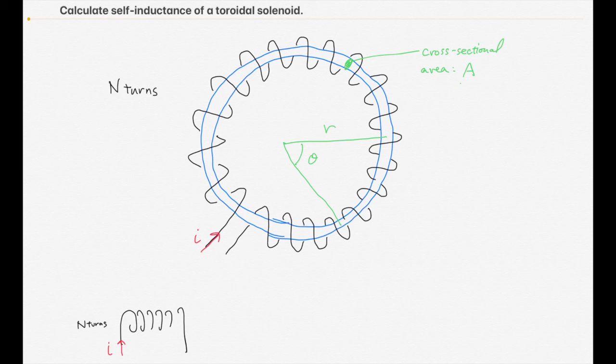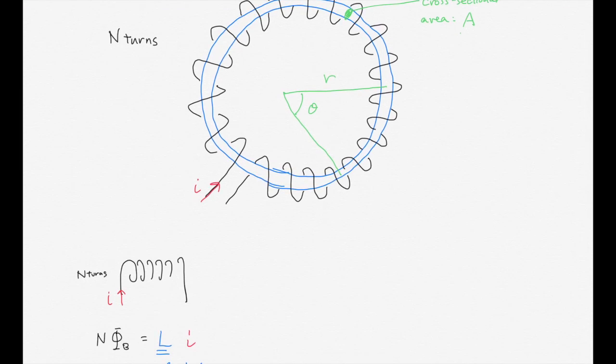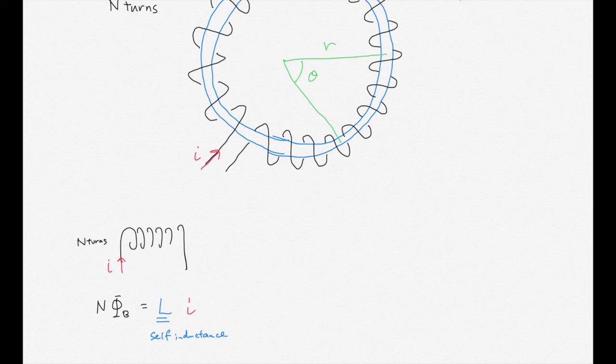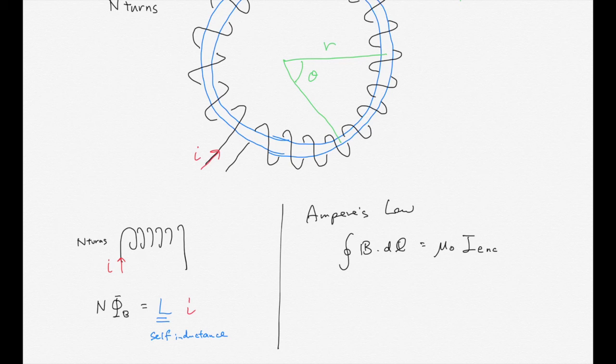Then we'd like to apply Ampere's law. Ampere's law says the integral of the magnetic field over a closed path is equal to mu naught times the current enclosed by the closed path.